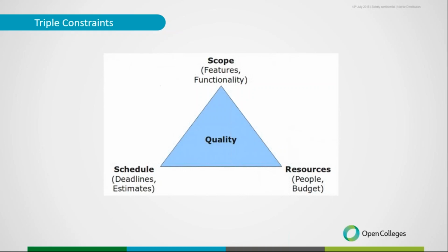If we find we've got a change in one of these three areas, scope, schedule, and our resources, which is our human resources, but also our budget, cost, etc., a change in one of these areas will also impact the other areas. And so we're constantly having to look at our constraints in these three areas and making adjustments and making decisions that best suit the project, that also maintain the quality so that we don't compromise on the quality of the project that we are expected to deliver on.